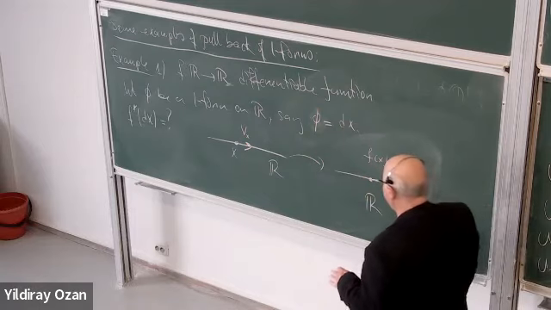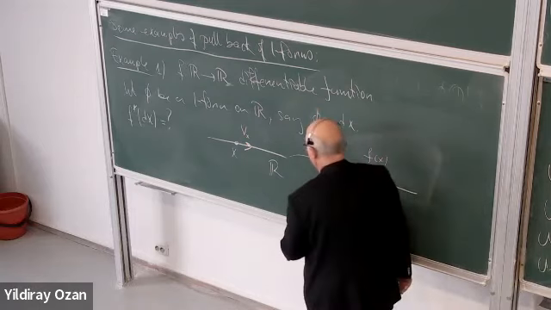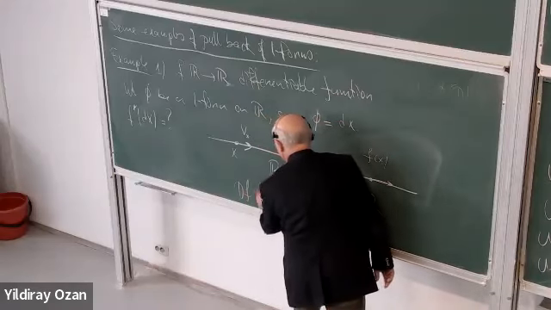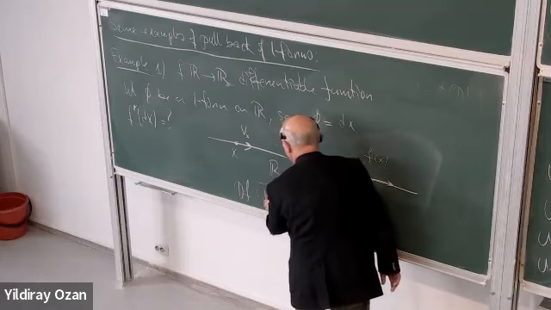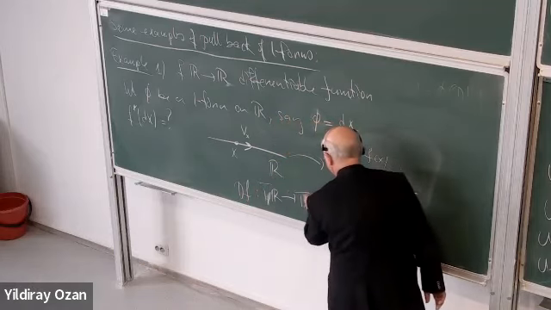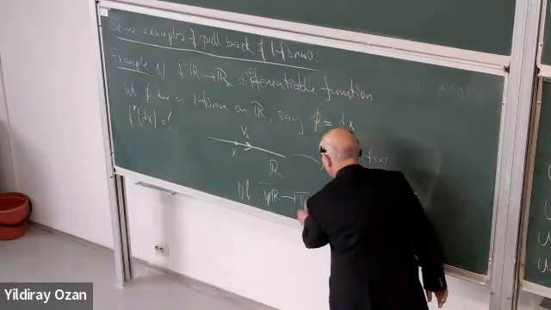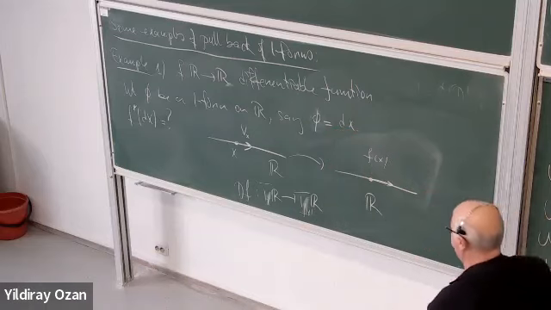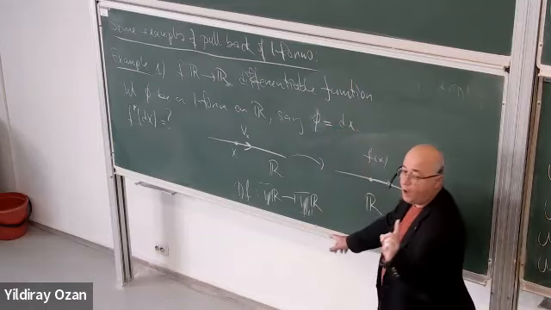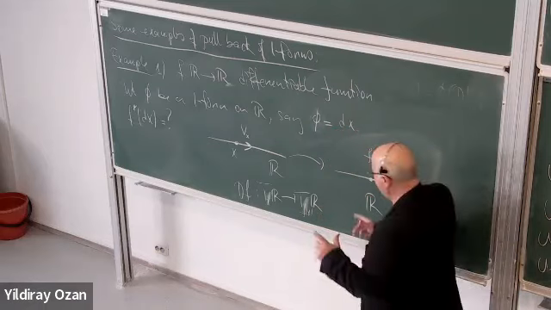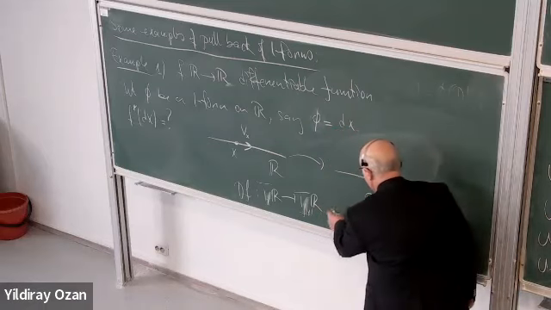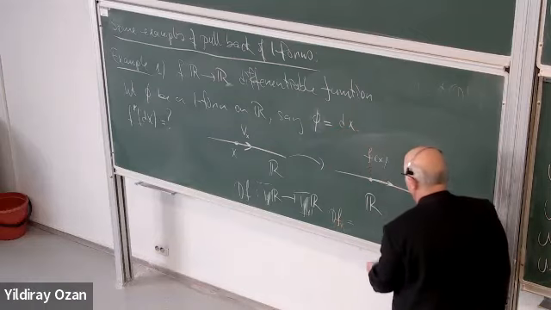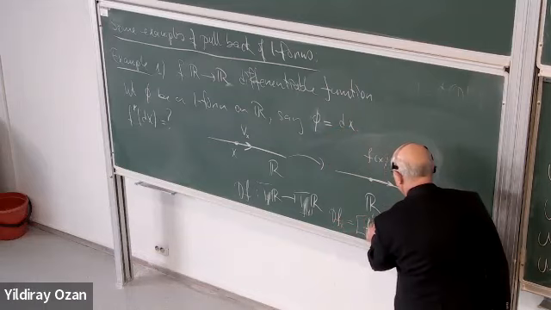What is the derivative map? df from the tangent space at x into tangent space at f of x is given by the derivative of f. It's a one by one matrix. I can write its matrix notation. It's nothing but the derivative of f.